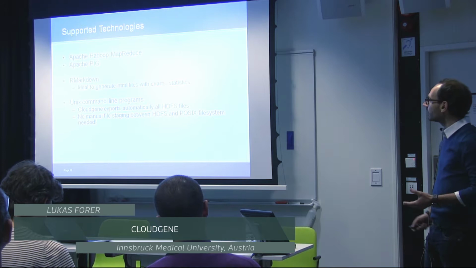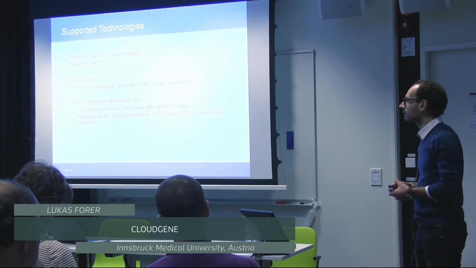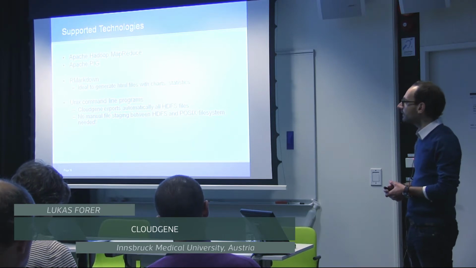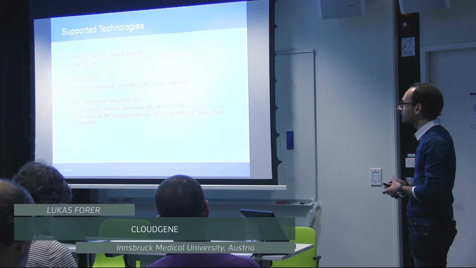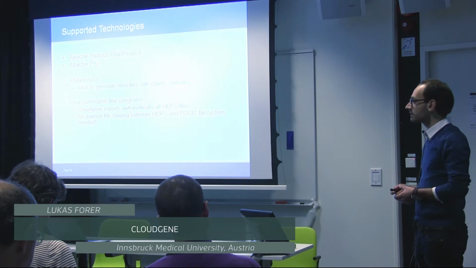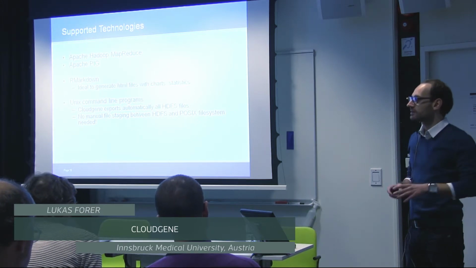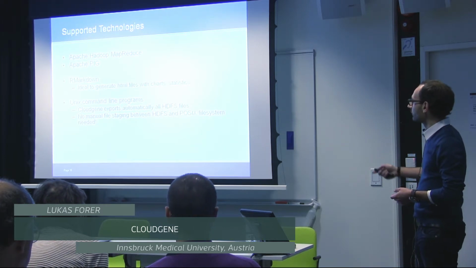As mentioned before, we are not limited to batch Hadoop, MapReduce, or Pig, and so on. We also implemented an R Markdown module, and R Markdown is a good solution to generate HTML reports, so we can create reports with charts, statistics, and so on, and it's very easy to use.